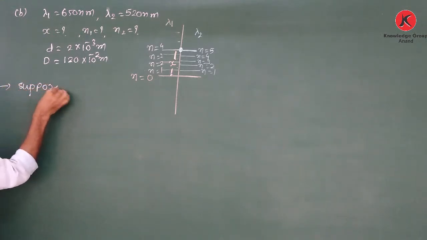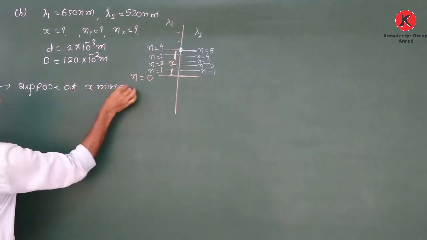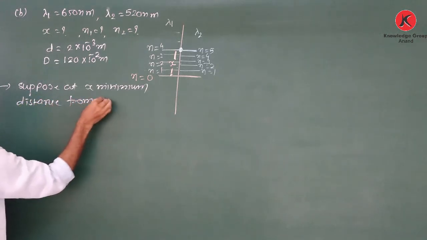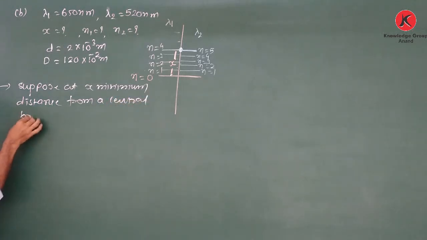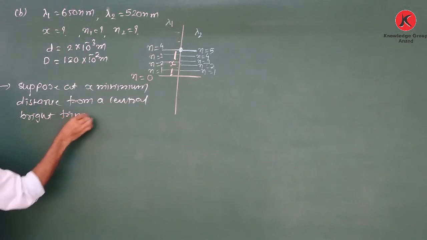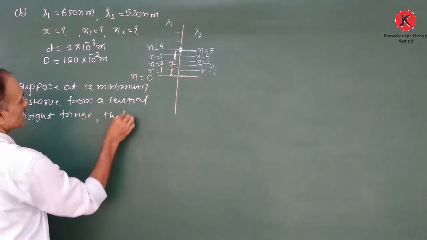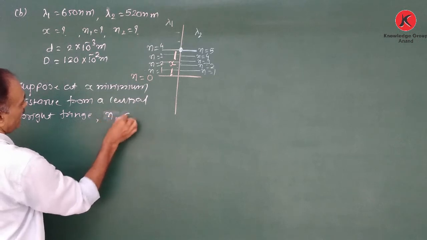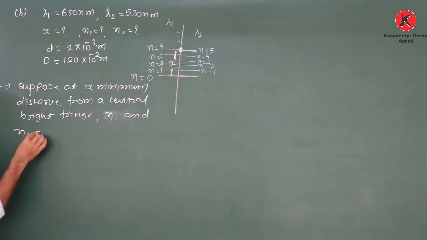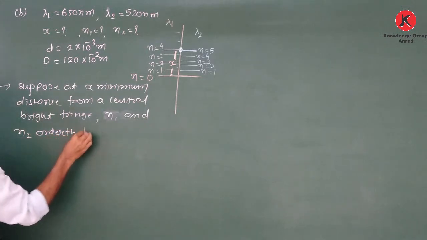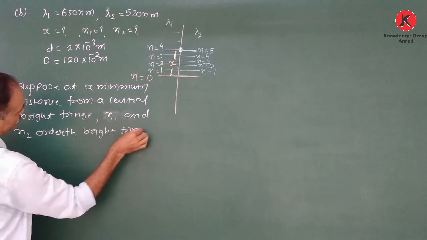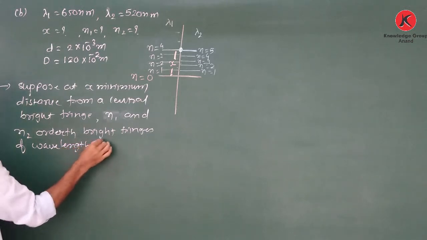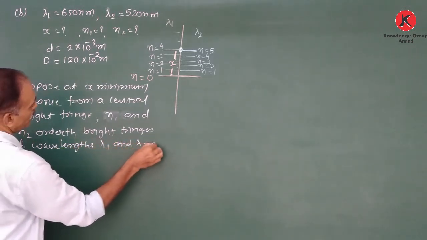Suppose at x minimum distance from the central bright fringe, the bright fringes of order n1 and n2 of wavelengths lambda 1 and lambda 2 coincide.